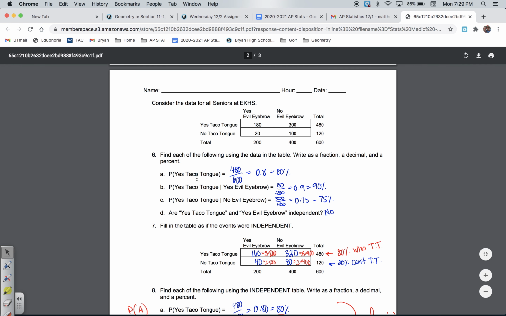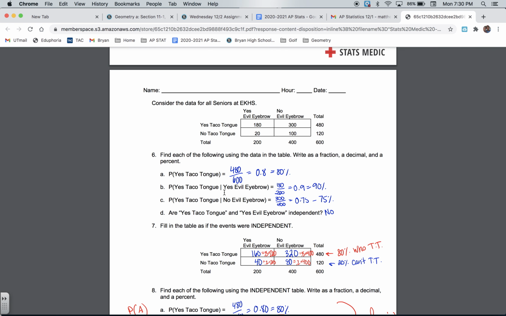All right. Okay, so probability that you are a yes taco tongue would be 80% is what they found. All right. B, find the probability that you can do taco tongue, given, so the bar there, given that you are a yes for evil eyebrow.